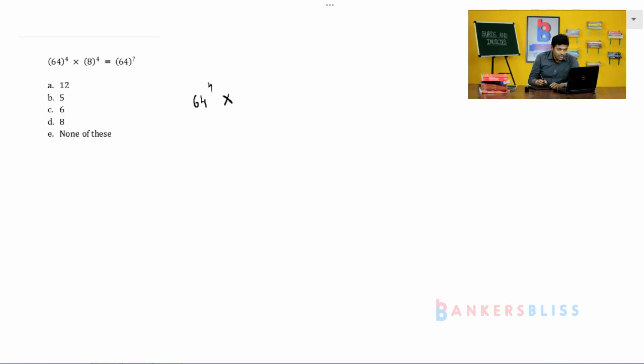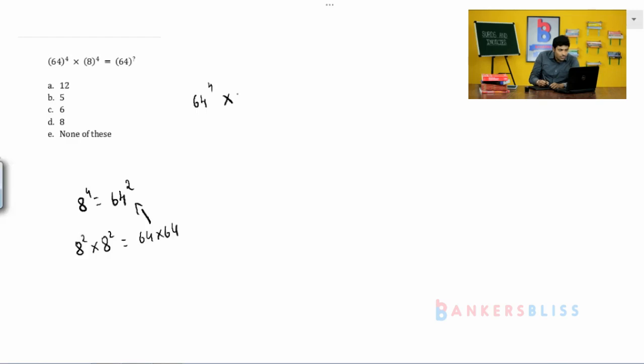So 8 power 4 can be written as 64 square. See, 8 power 4 means 8 square into 8 square, that is 64 into 64, that is 64 square.